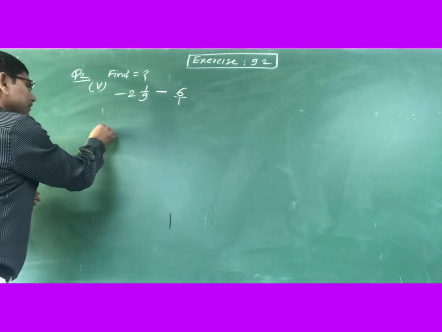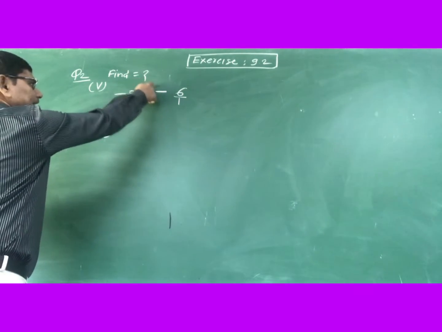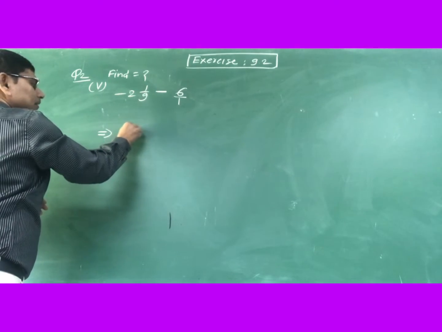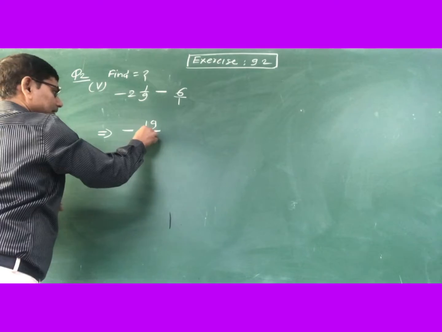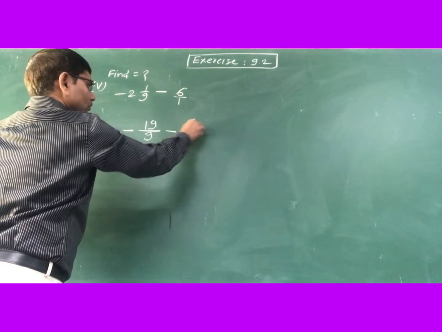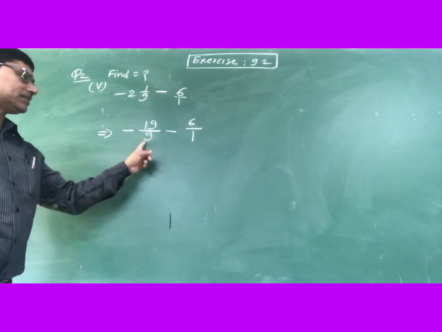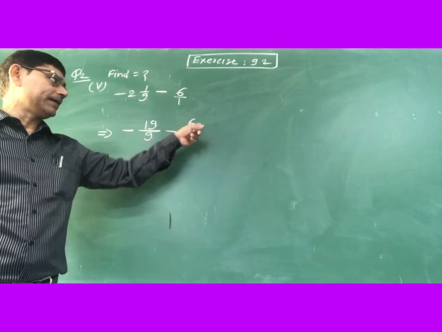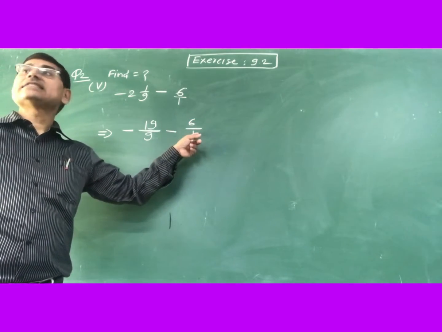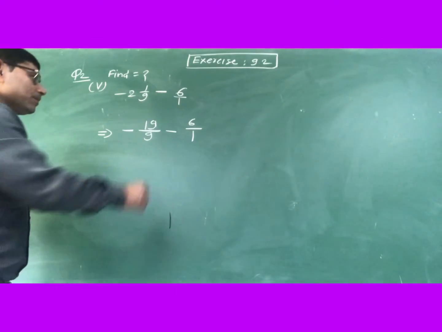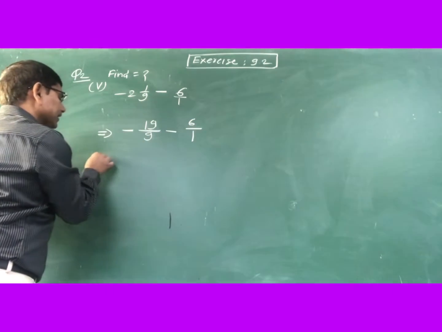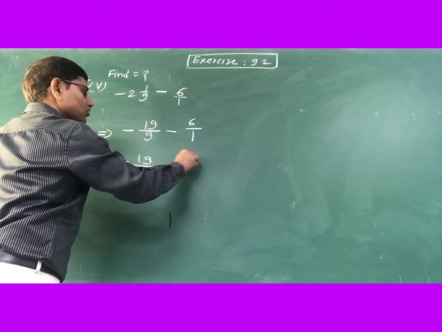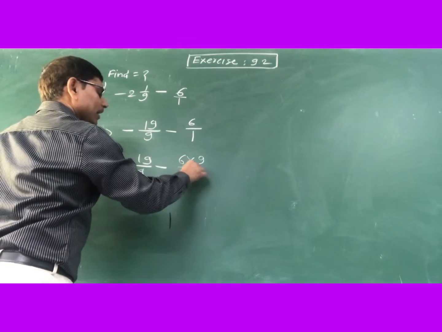After that you will convert this again into standard form, that is 2 9s are 18 and 1, 19 upon 9 and -6 upon 1. So here is 9, here is 1, either you can take the LCM, otherwise you will multiply here by 9, then you will get the same denominator. So no problem, we will multiply here by 9 in the next step. So -19 by 9 and -6 into 9 and 1 into 9.